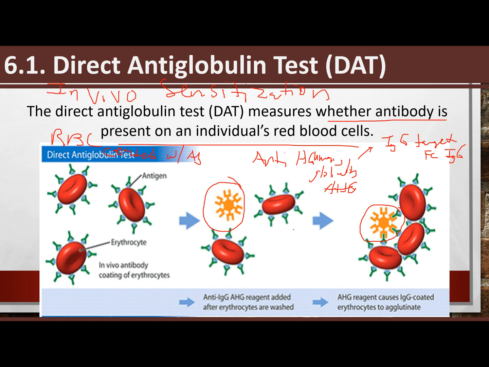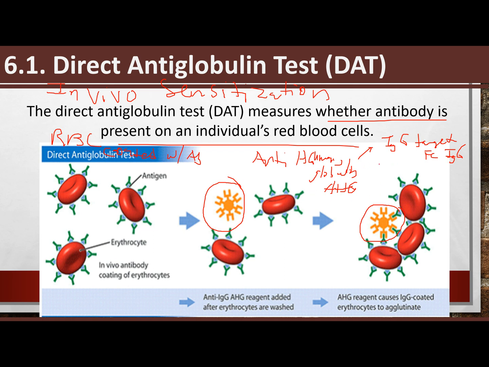So let me repeat, if it's direct antiglobulin test, this is a test for in vivo sensitization, whether an antibody is already present on an individual red blood cell. So here you have your red blood cell that is already coated with antibodies. You now add your anti-human globulin reagent.